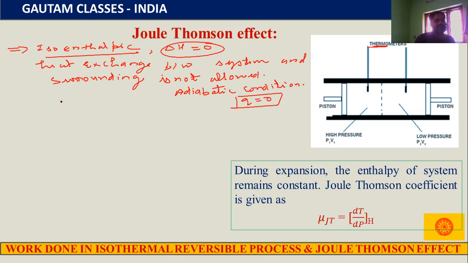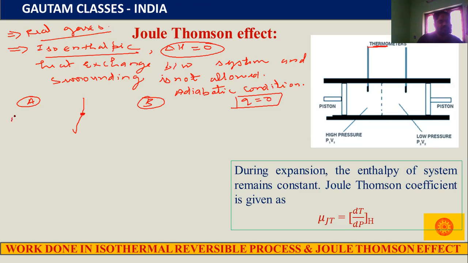There is one wall, that is part A, and this one is part B. And one more thing, the Joule Thomson effect is only applicable for real gases. It is not applicable for ideal gases. So any real gas, when it is passing through the porous plug, that means that one wall, here we are going to create one small hole, a very minute hole.